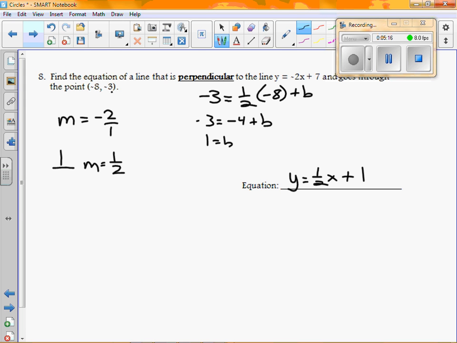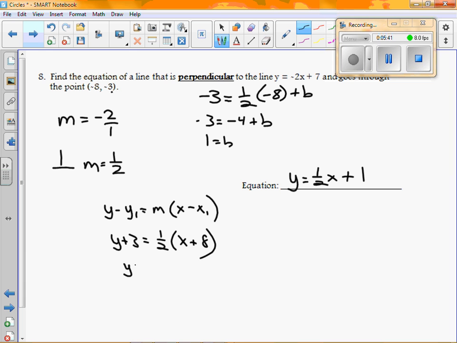Now just to show you, you don't have to do it both ways, but I just wanted to show you y minus y1 equals m times x minus x1, because there's a lot of people that like doing it in point slope form. So if you took that negative and put it in, that would give you 3. You put the slope in, that would give you 1/2 x plus 8.